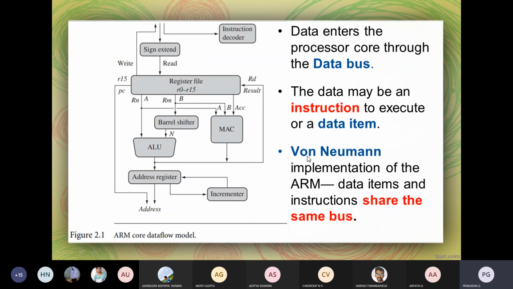Now, this architecture we are having is a Von Neumann architecture. You might have heard about two different types of architecture: one is the Von Neumann architecture, the other is the Harvard architecture. In Von Neumann architecture, both data and instructions share the same bus.